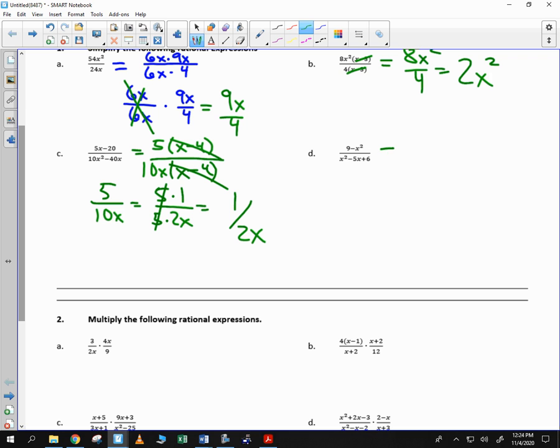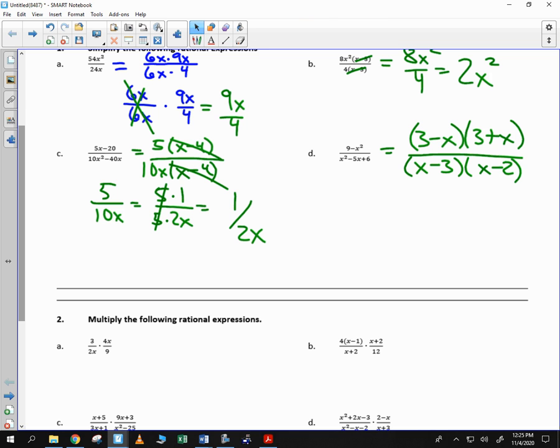The next one, I factor not x minus 3, but 3 minus x times 3 plus x, divided by, on the bottom, I have x minus 3 times x minus 2. Now, it looks like these two are just about the same, but they're technically not.